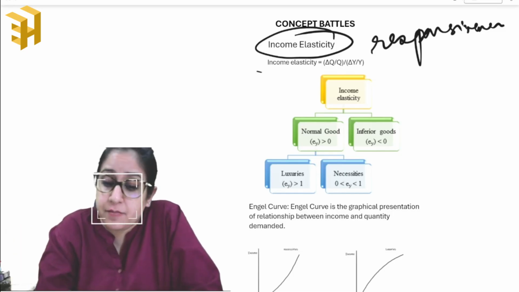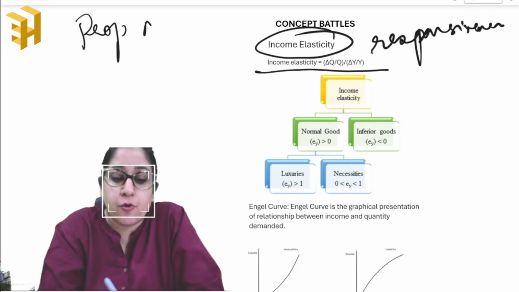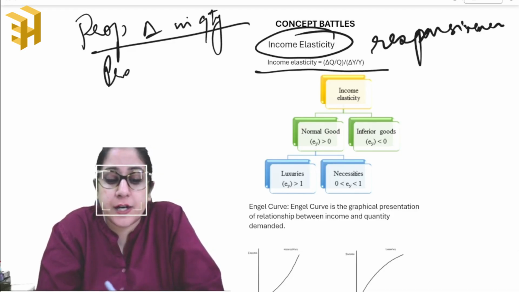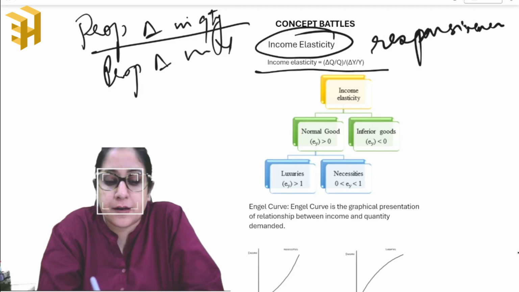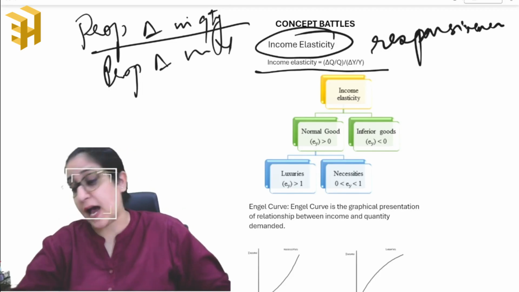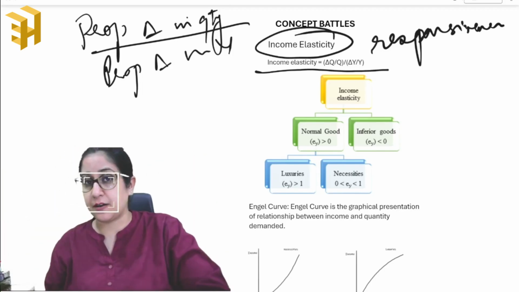And it is given by the formula, the proportionate change in quantity upon proportionate change in your income. Here, a very important aspect is that goods are divided into two separate categories.